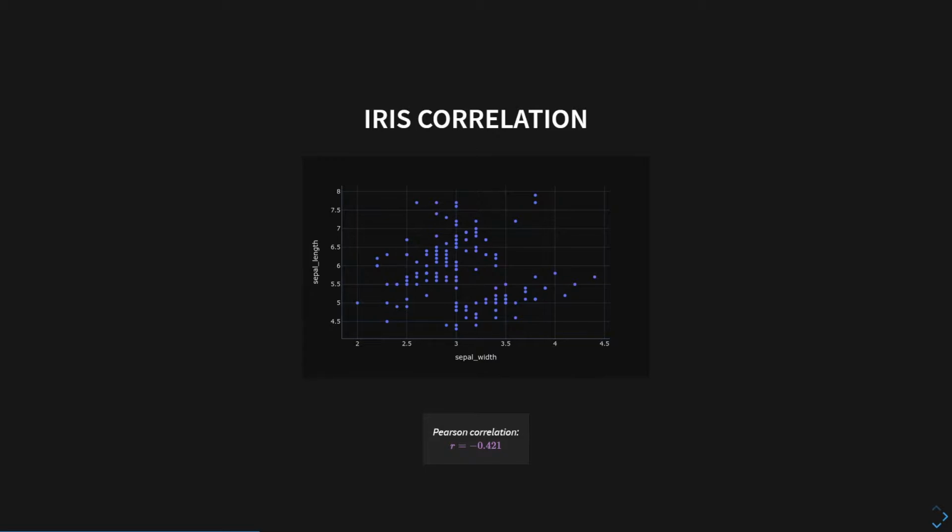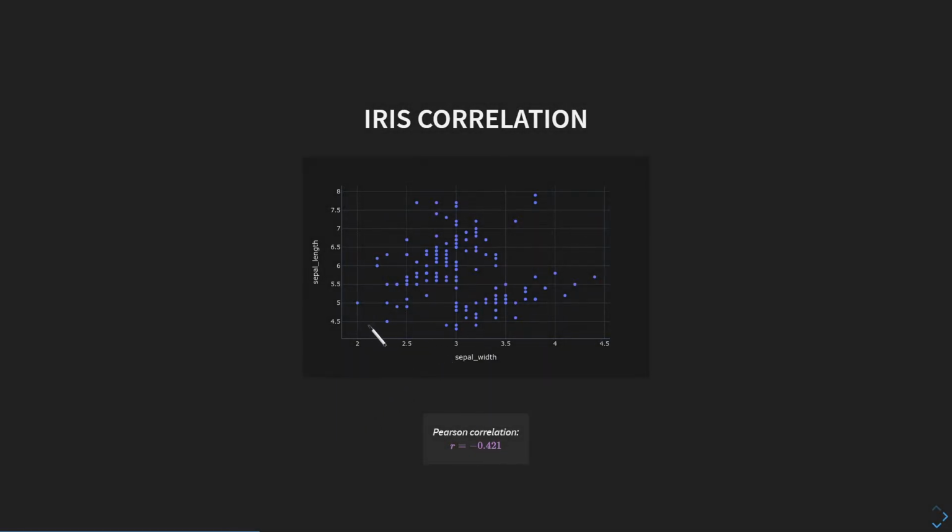So if we would want to draw a line here, it's probably going to go either that way or this way right here. But we won't know for sure unless we calculate the correlation coefficient, which if we run this data set is going to give us a negative correlation of 0.421, meaning that if one increases, the other decreases, or the other way around. So for this particular set, it will probably look like this.